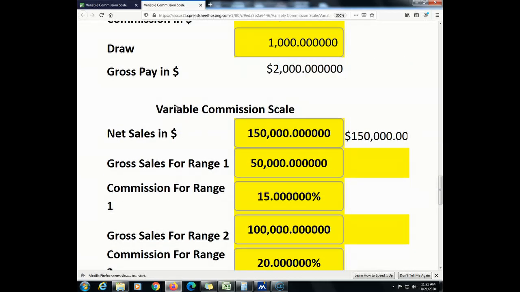Then you have your variable commission scale method. Now, let's say you get different commission rates for the total net sales.